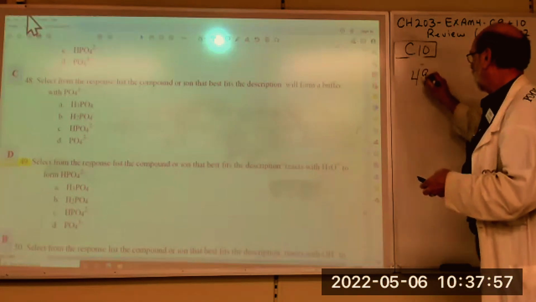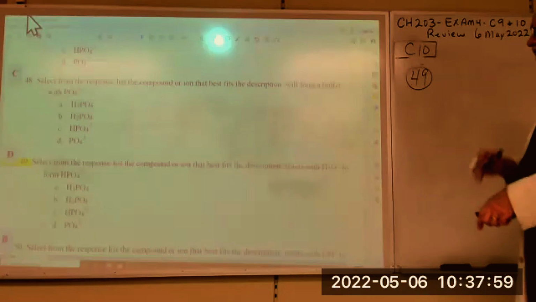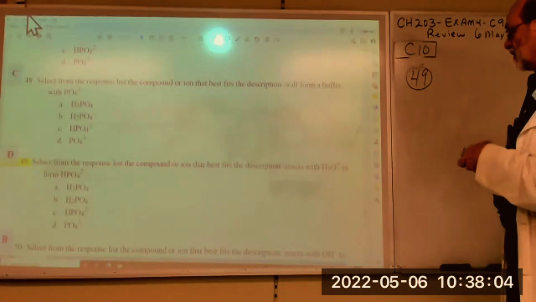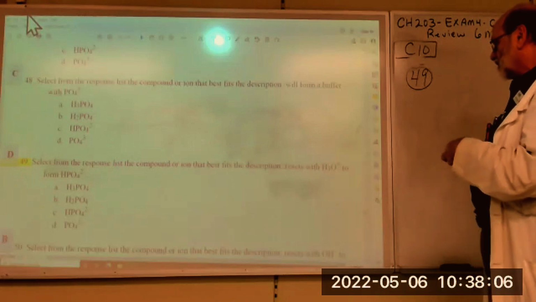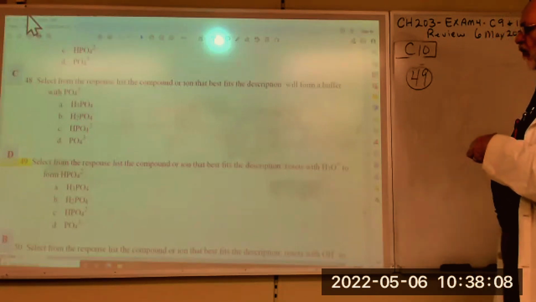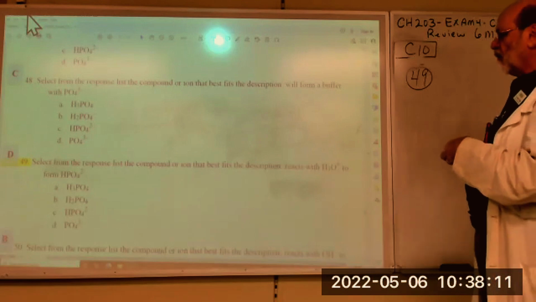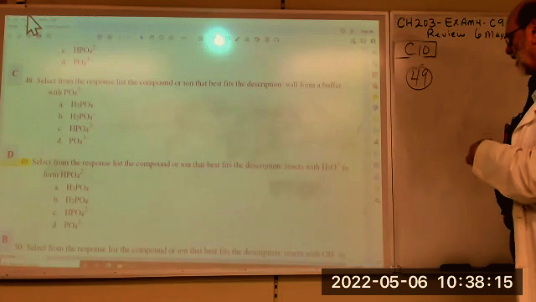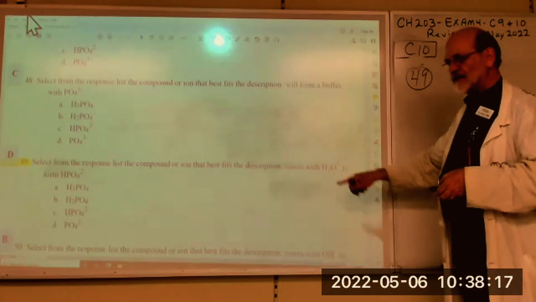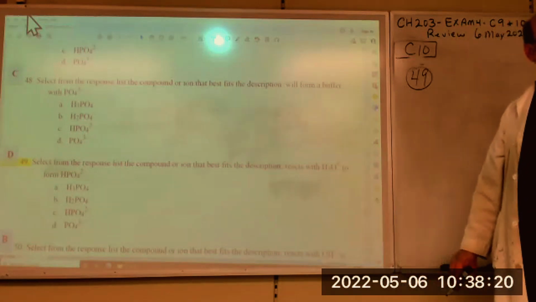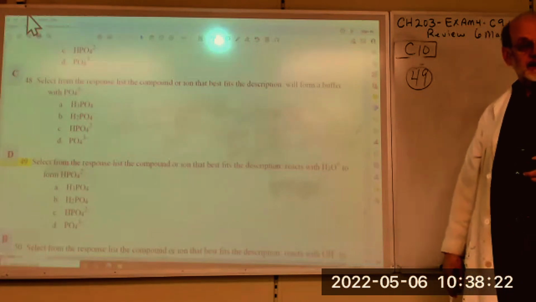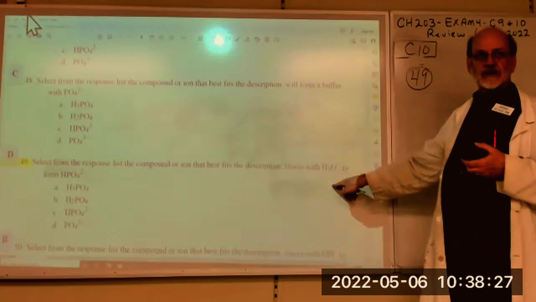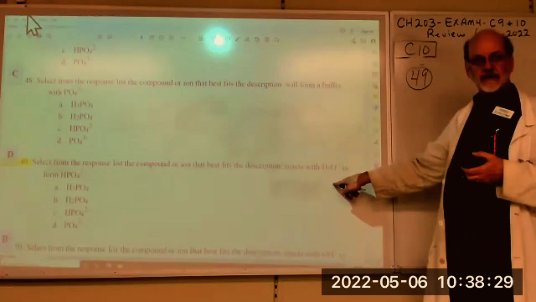49. Hope we're getting close because I don't want to run over. Select from the response list the compound or ion that best fits the description. Reacts with H3O+ to form HPO4 2-. Okay, what's going to react with hydronium? It's going to have to be a base, a proton acceptor, right? Because you can't cram any more protons on that molecule. It can't be a base, it has to be an acid.